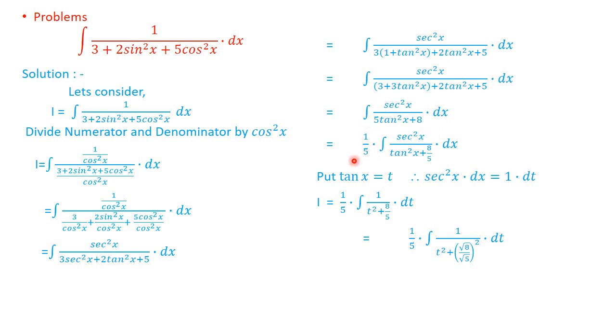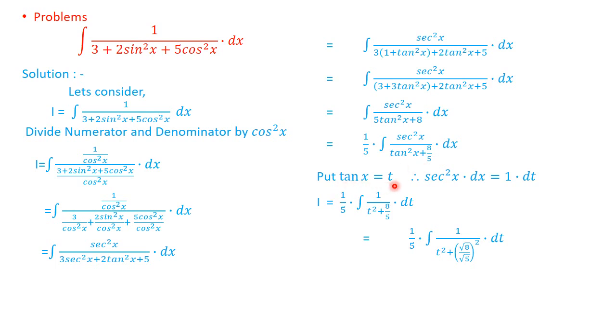Now 1 by 5 is taken outside, using which concept? That is, this term should be free from any scalar. So taking this 5 outside means dividing throughout by 5. So 5 by 5 gets cancelled, tan square x and plus 8 by 5. Now make a substitution, as I have explained in the procedure.